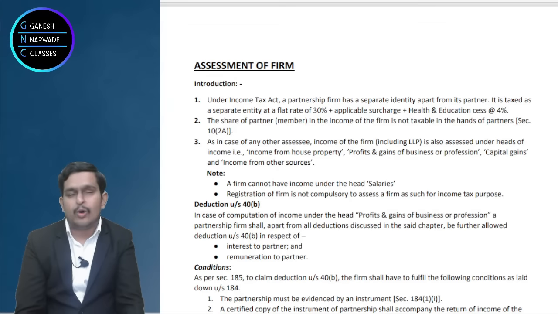The answer is no. Why, sir? Because surcharge is applicable only if your income exceeds 1 crore. So 30% tax, 30 lakhs, but no surcharge.